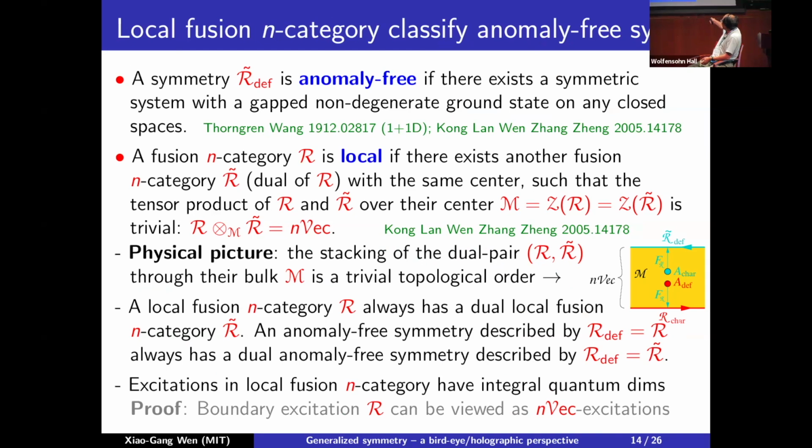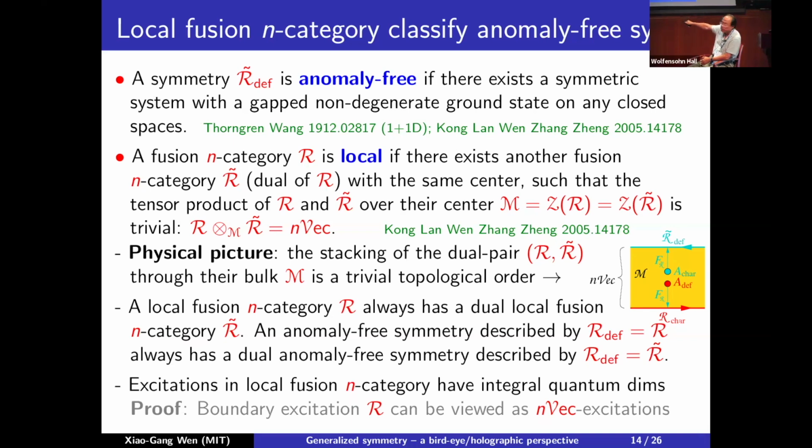Using this boundary-bulk relation, now we can define a local fusion n-category. The statement is the following: a fusion n-category R is local if there exists another fusion category, called R tilde, so that they have the same center.